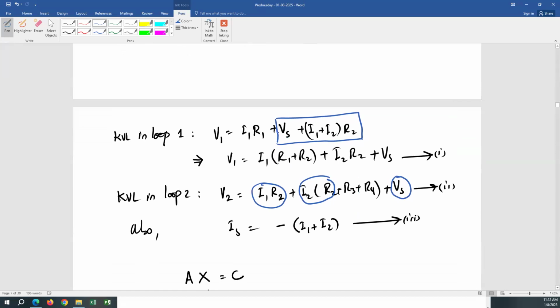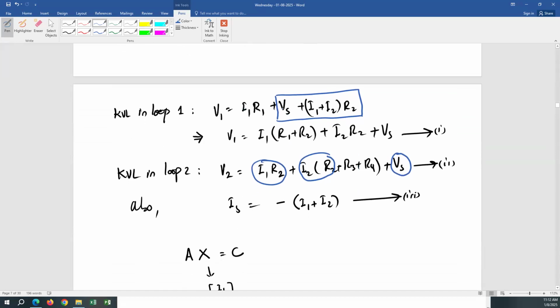From equation number 1, if I want to call this my variable y, then you can write down y is equal to V1 minus I1 R1. And from the second equation, y is equal to V2 minus I2 times R3 plus R4.